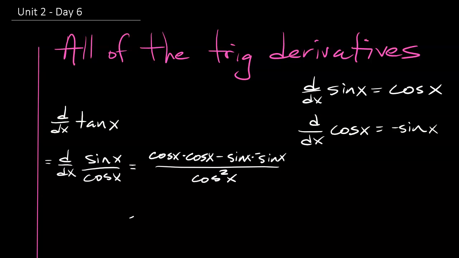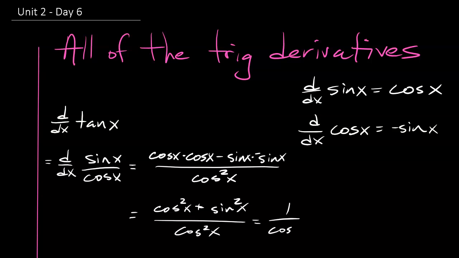Well, the numerator turns into cosine squared plus sine squared. And then cosine squared plus sine squared equals 1. So the derivative of tangent is 1 over cosine squared, or secant squared.